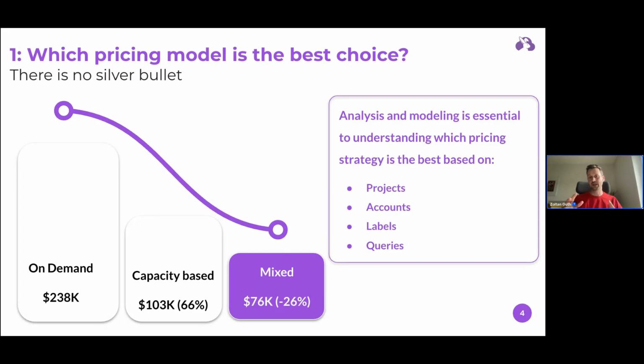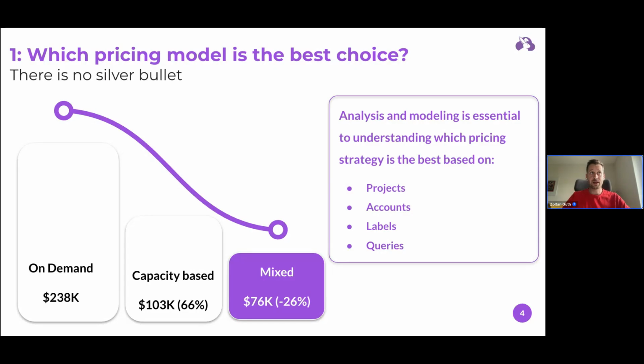For that specific client, it came out that if they use this kind of mixed model, so for some of the projects they use on-demand pricing, and for some of them capacity-based, at the end their cost went down to 76K. So this is another 26% saving compared to the capacity-based one, so compared to the one when everything is on capacity-based pricing.